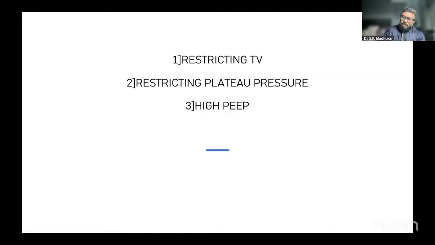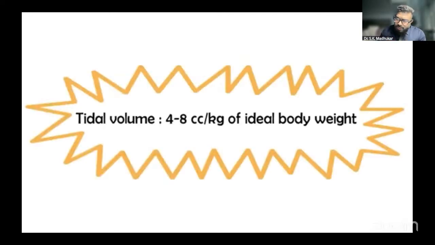Now, it has been suggested that the tidal volume that we need to give to the patient on mechanical ventilation is 4 to 8 ml per kg of ideal body weight. But the drawback with this rule of thumb is that every lung is not equal.